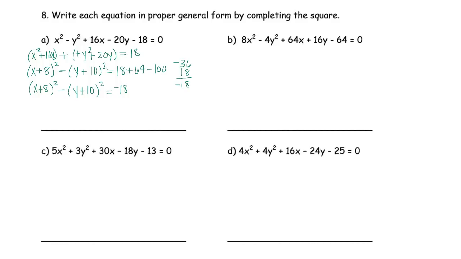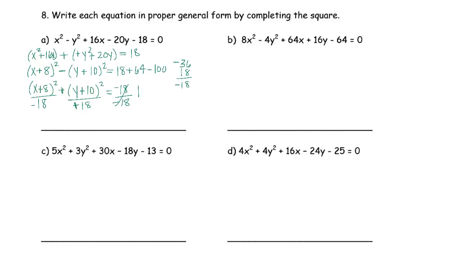And then we can't have a negative or an 18 over here. So we're going to go through and we're going to divide everything by negative 18. And then we're going to be finished with this because that's going to give us a positive 1 on that side. We can also, just for grins, let's go ahead and cancel that negative and this negative.